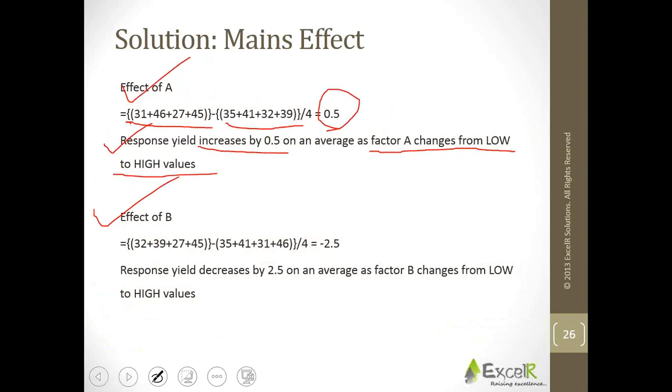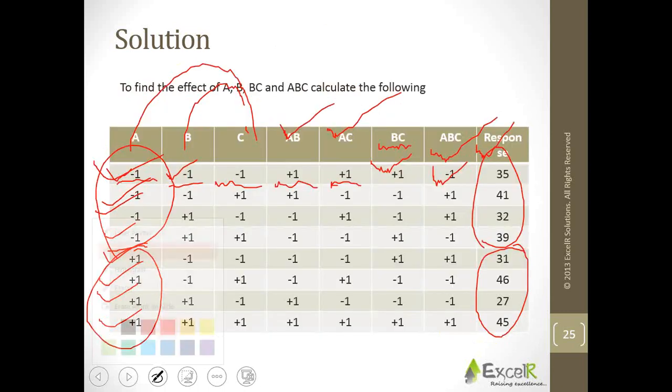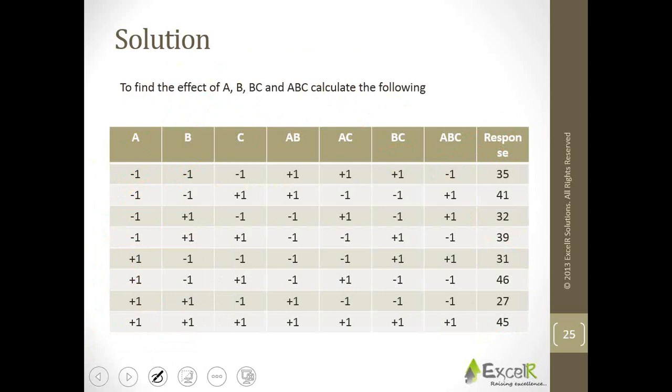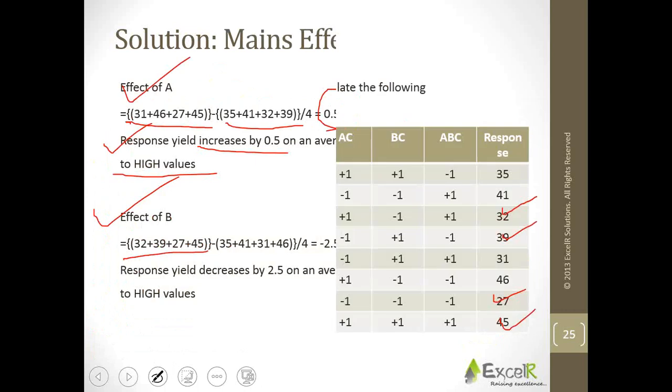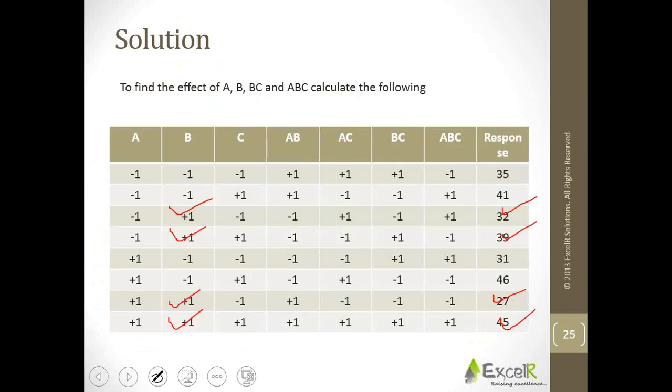Let us calculate the effect of B on similar lines. So let me erase everything. All the +1s of B you group together. So you add 32 plus 39 plus 27 plus 45. If you see, those values will be here. You subtract those values from all the negative B's. -1, -1, -1, -1.